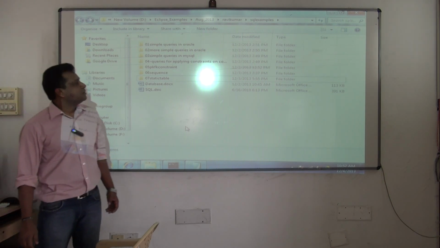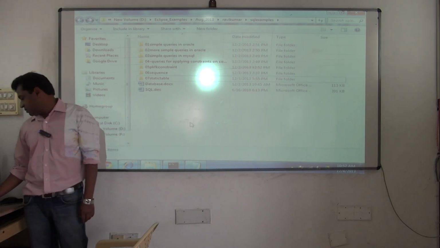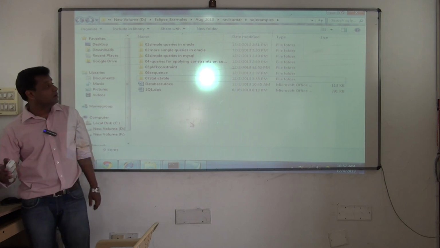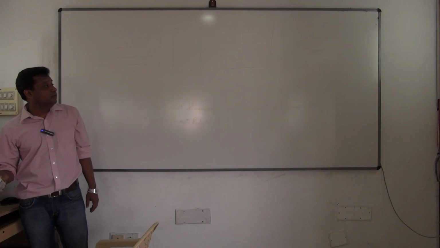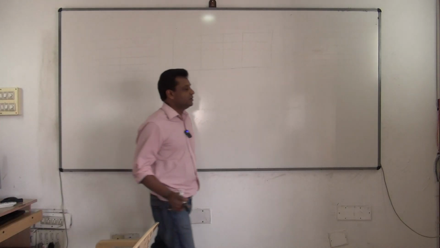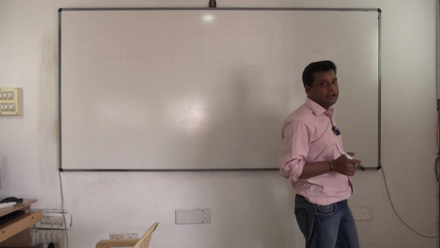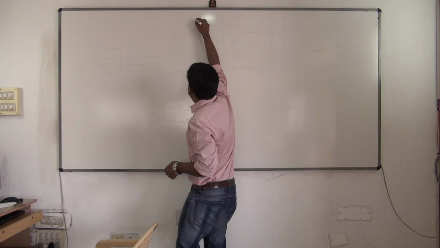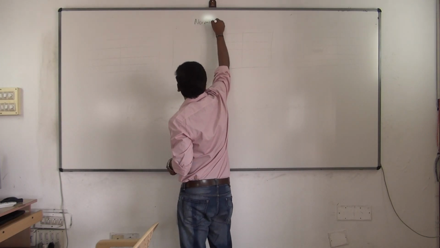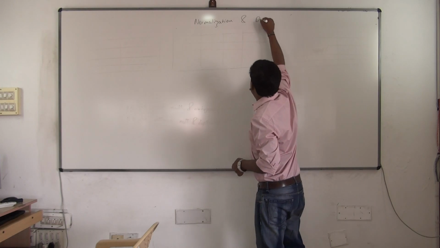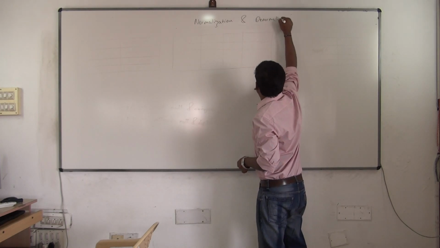So then we'll see one more subject called normalization and denormalization. I think this much is clear for you now? This is one more word which comes up in databases, normalization and denormalization.